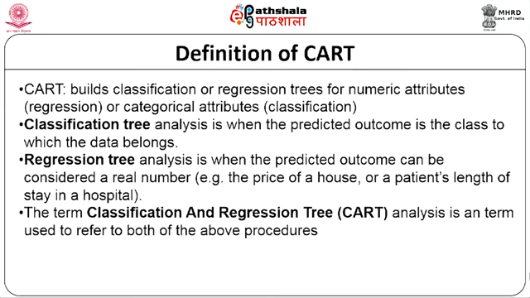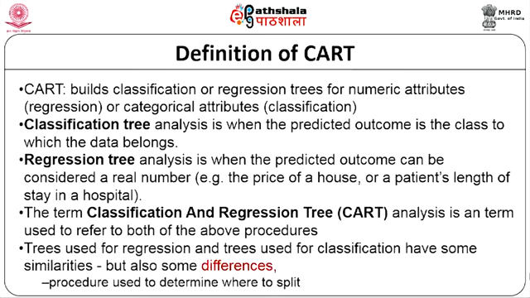Trees used for regression and trees used for classification have some similarities, but also some differences. Mainly, the procedure used to determine the split is different, but there are many similarities also.